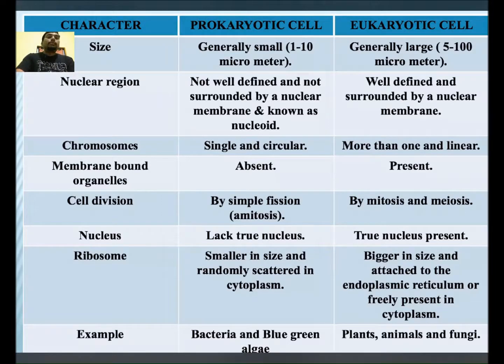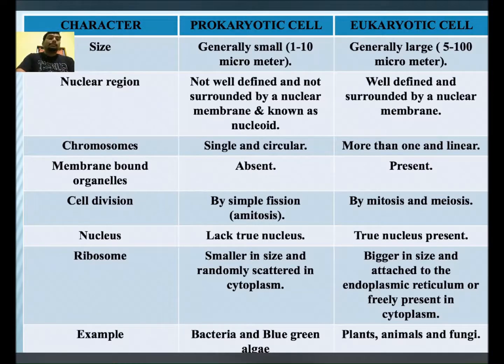Chromosomes in prokaryotes will be single and circular in shape, but in eukaryotes there will be more than one chromosome, and they are linear structures like this. Cell division: in prokaryotic cells there is simple division, simple fission, and eukaryotic cells divide by two processes: mitosis and meiotic cell division.